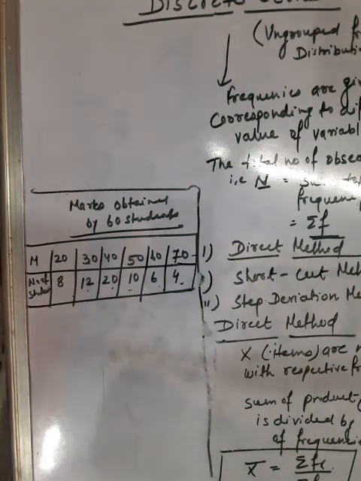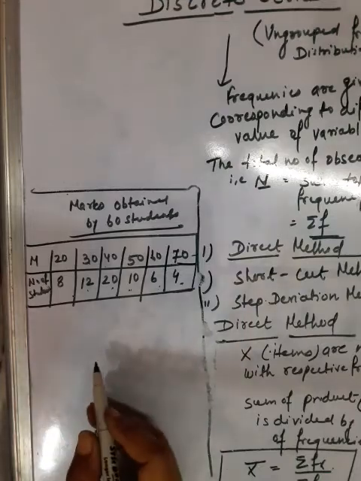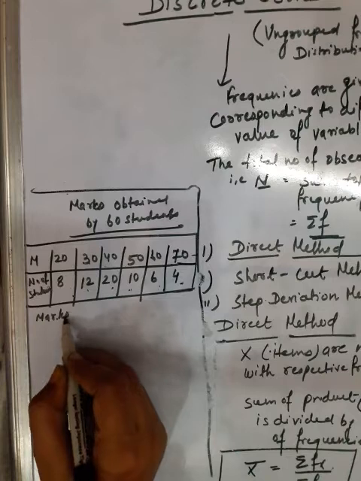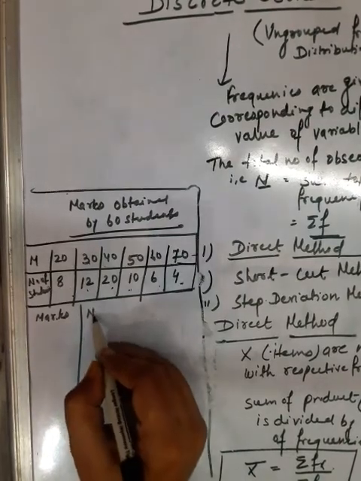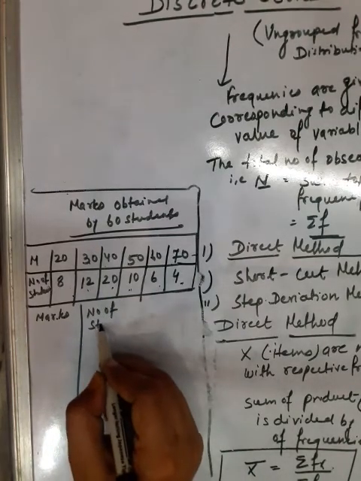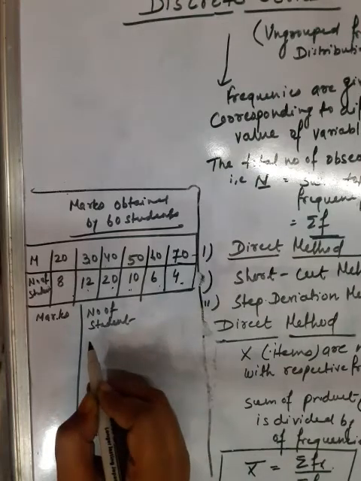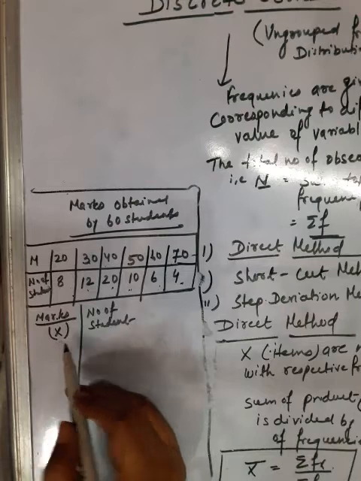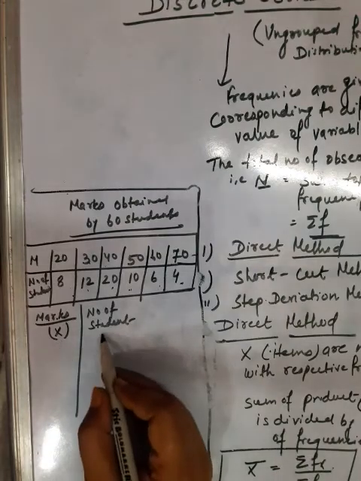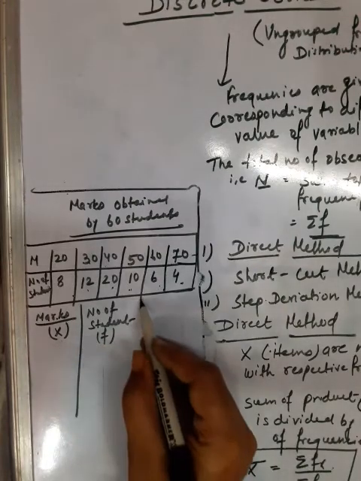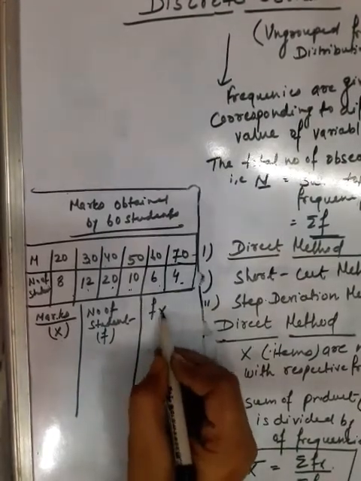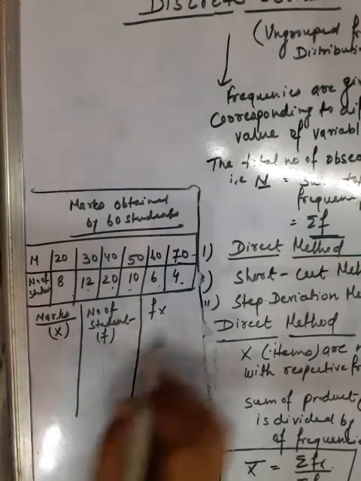Now how would we calculate? Marks will be x, that is the variable, and f, the number of students, is frequency. According to formula, we have to find fx, means we multiply f and x.